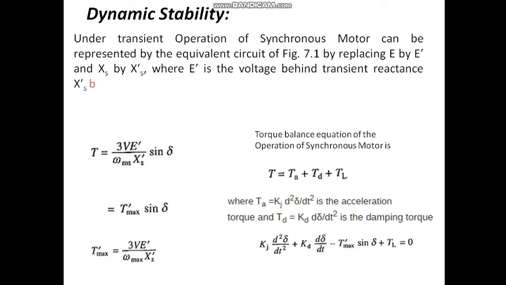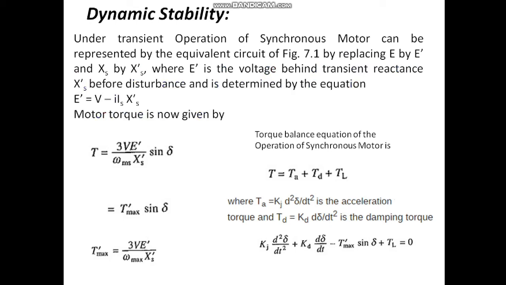If you read this, you get the equation for E dash, and this refers to the equivalent circuit of figure 7.1, where I had drawn the equivalent circuit of the synchronous motor.